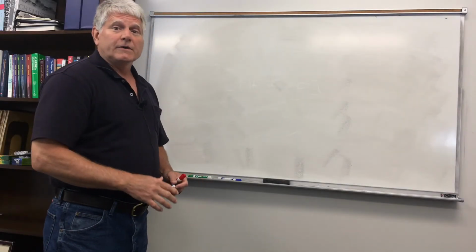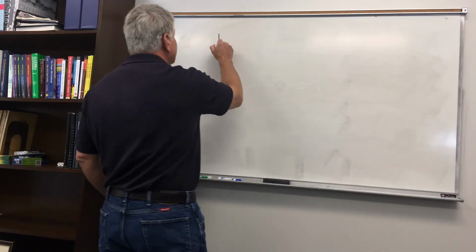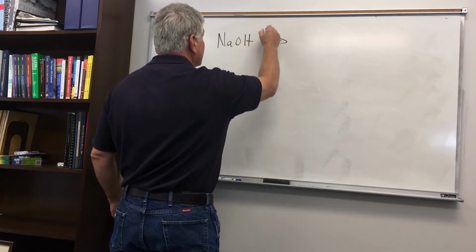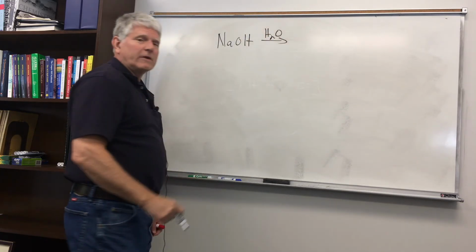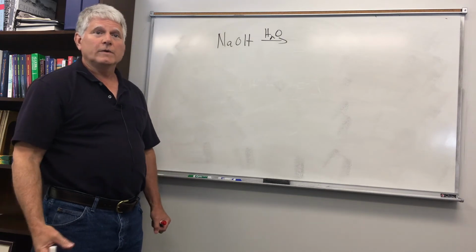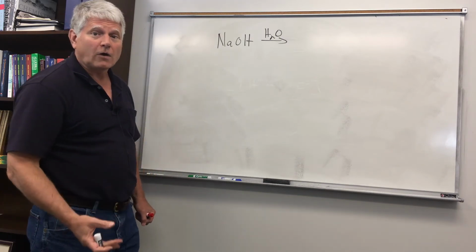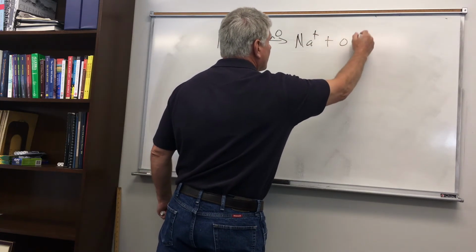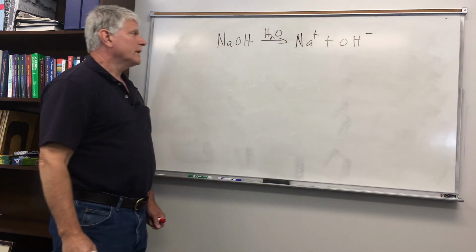So now let's consider bases. One base is sodium hydroxide. And sodium hydroxide is a solid. We drop it in water, it dissolves or dissociates to give Na+ and OH-.